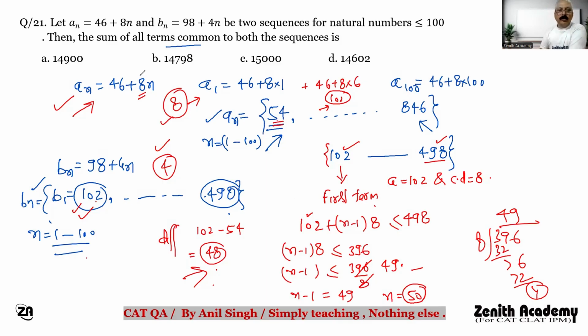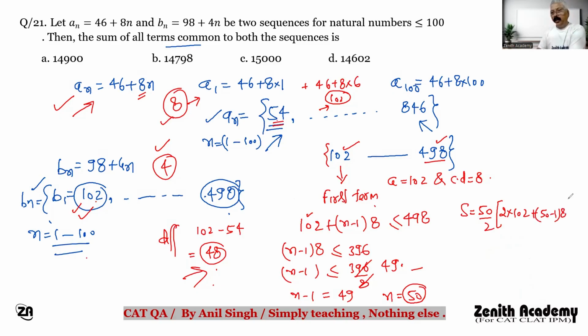So the question is about the sum of the common terms. Here it's very simple now. The formula is n by 2 times (2 into 102 plus (50 minus 1) into 8). Solve it. 2 cancels, and this is 4.